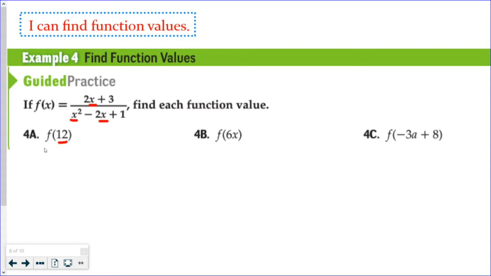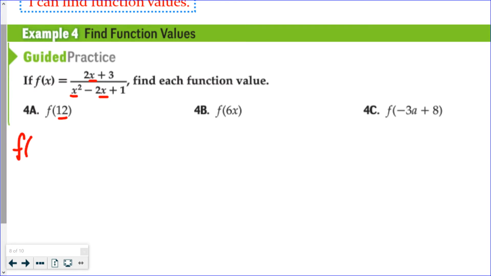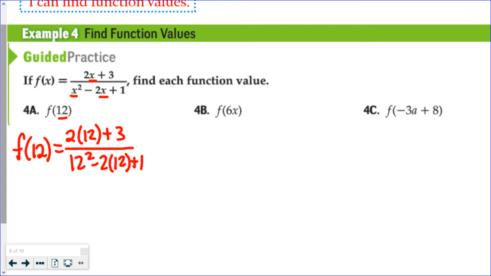So for 4a, f of 12 would be 2 times 12 plus 3 over 12 squared minus 2 times 12 plus 1. 2 times 12 would be 24 plus 3. 12 squared is 144 minus 2 times 12, so minus 24 plus 1.